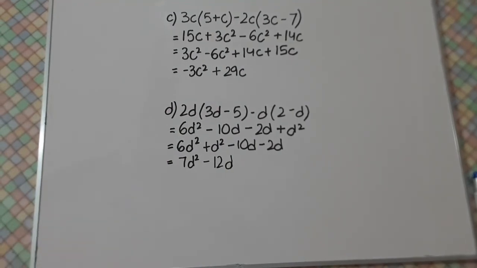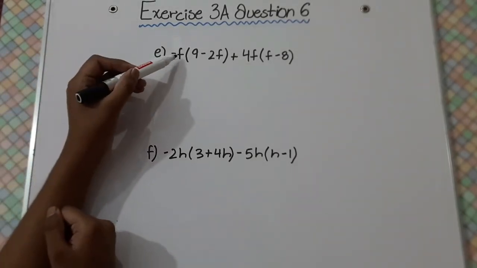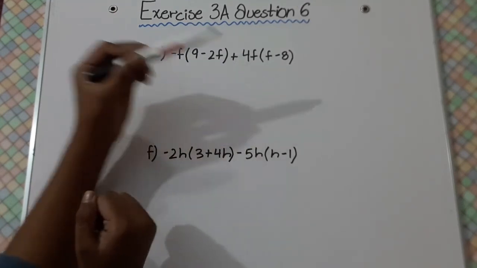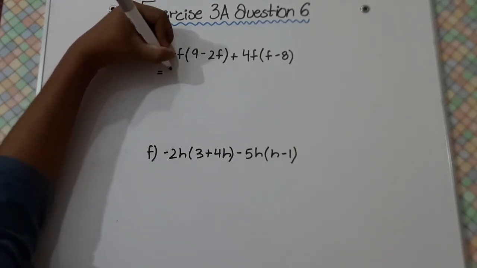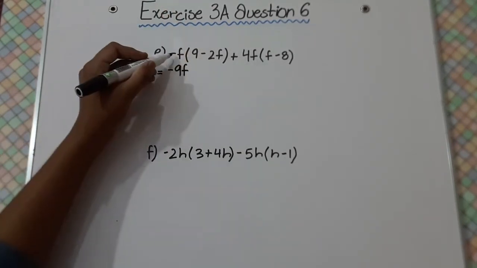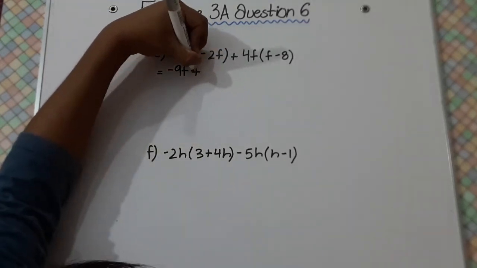Now let's move towards part E. Now let's solve part E of this question. In the same way, minus f is going to multiply with this bracket and 4f is going to multiply with this bracket. So minus f multiplied by 9 would be minus 9f. Then minus, the sign would be plus.